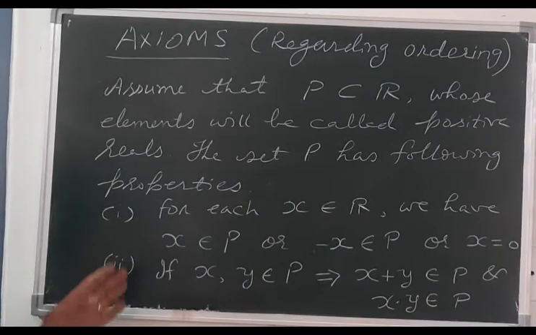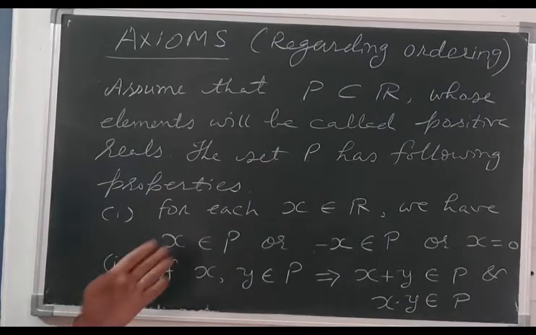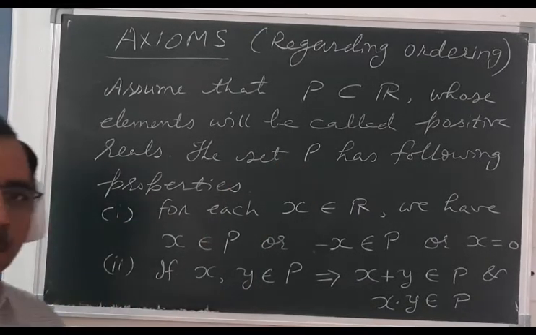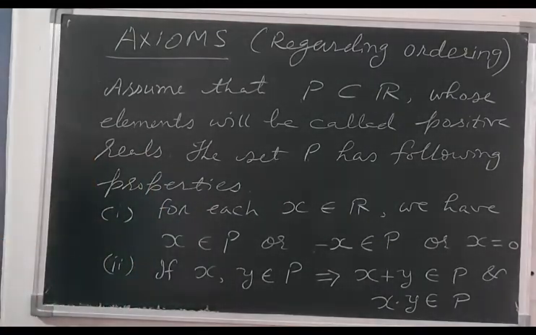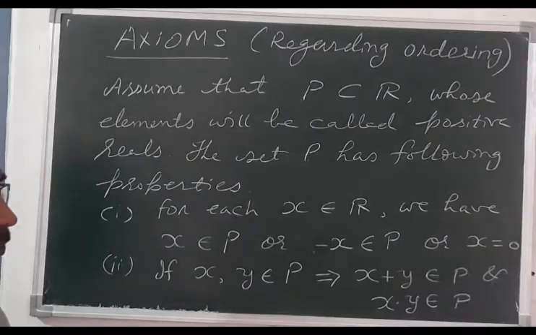So these are the two axioms associated with the set P. Now using these two axioms we shall prove some properties of the set of real numbers, and we shall give some ordering to the set of real numbers.